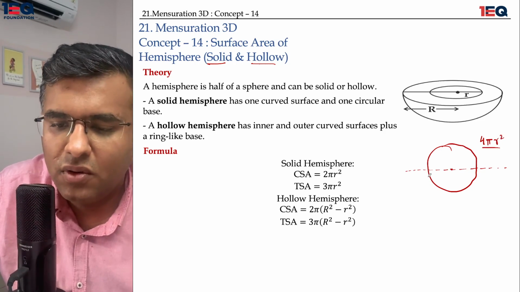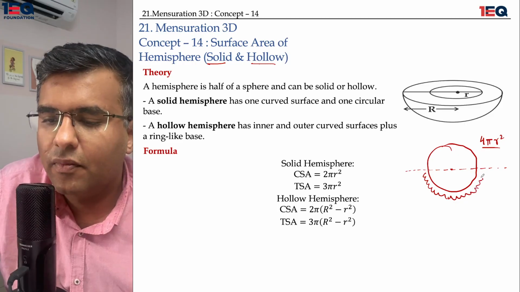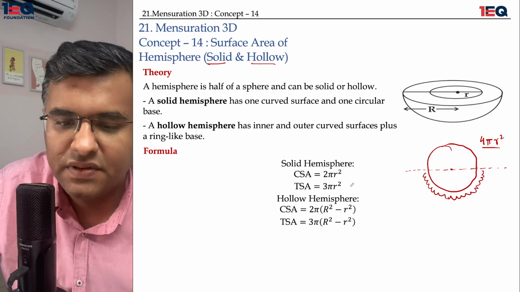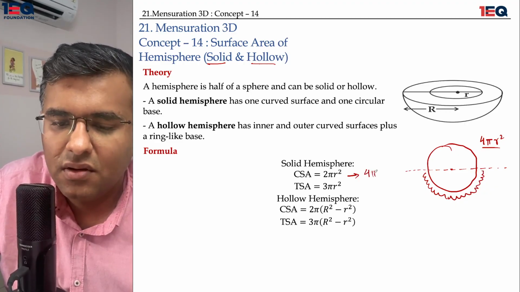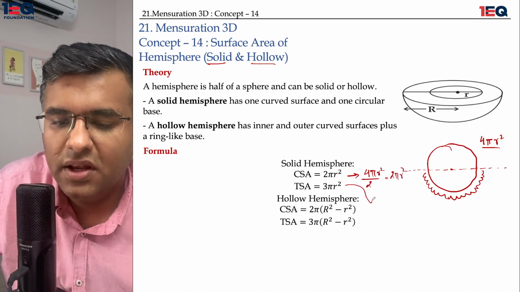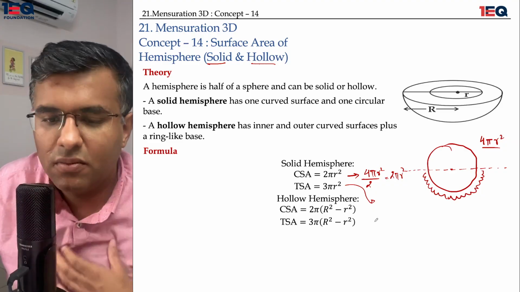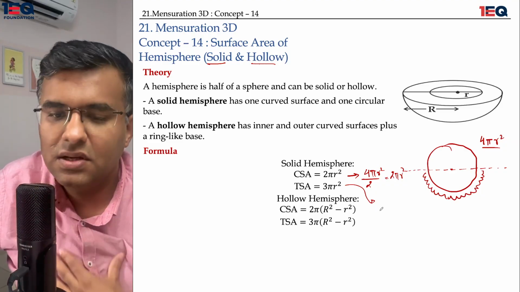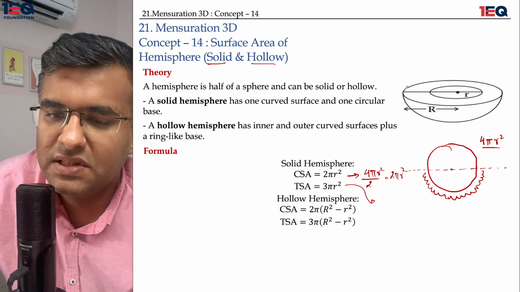When we talk about only the curved surface area of a hemisphere, we talk about CSA, which is 4 pi r square upon 2. Okay, because it's going to become 2 pi r square. Similarly, if we talk about the total surface area in this case, we would reach another flat surface, which is this top surface.